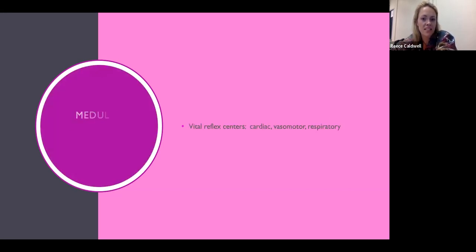Our next one is asking what are the vital reflex centers for the cardiovascular, vasomotor, and respiratory system. That's going to be the medulla oblongata mainly, because that's our center of involuntary control. We also see the pons plays some role in there.